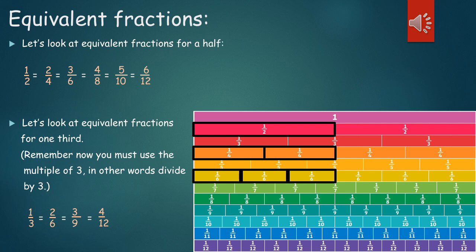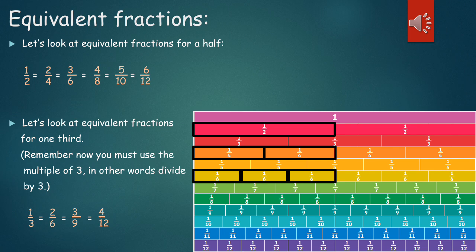Equivalent fractions. Remember, equivalent, equal. Let's look at equivalent fractions for a half. Half equals 2 quarters, 3 sixths, 4 eighths, 5 tenths, 6 twelfths. Let's look at equivalent fractions for 1/3.